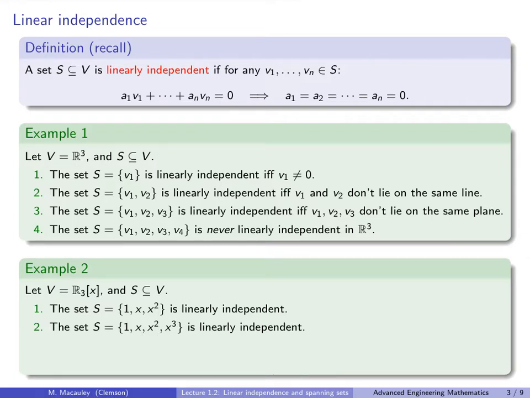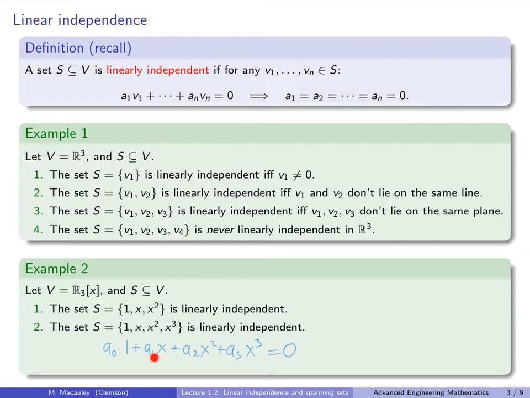Next, the set S containing 1, x, x squared, and x cubed is linearly independent for the same reason. Namely, if you try to take a linear combination of these 4 elements, let's try it, a naught times 1 plus a1 times x plus a2 times x squared plus a3 times x cubed, and try to write the 0 polynomial using those, there's only one way to do it.